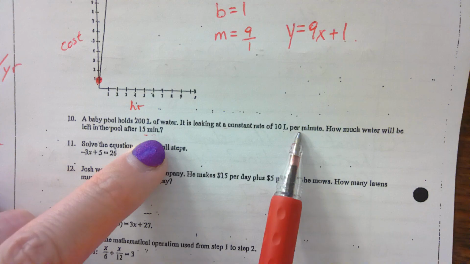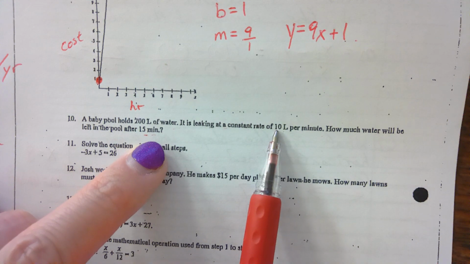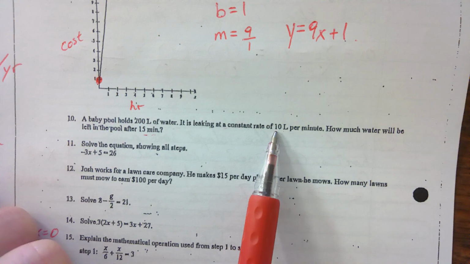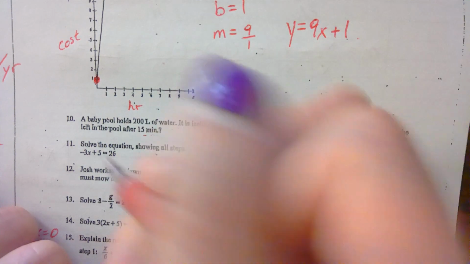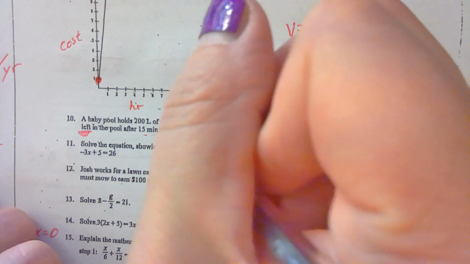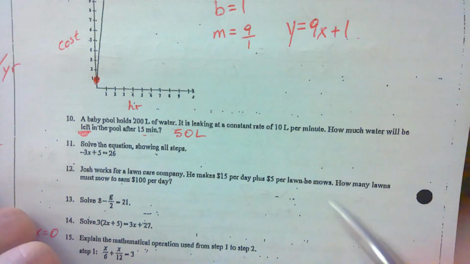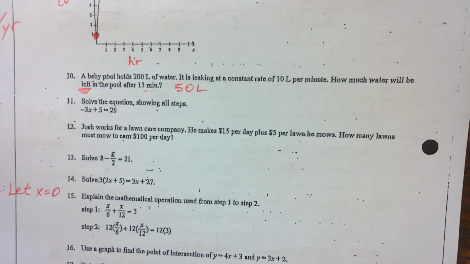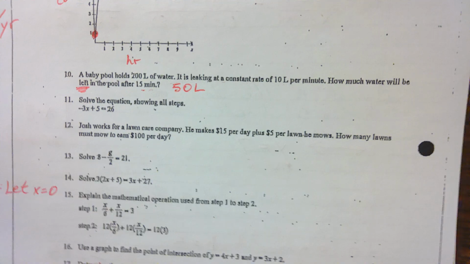So after 15 minutes, times it by 15. That means 150 liters leaked out. But the question asks how much will be left. So how much is left? 50. That's right. Not a hard question, but you just have to make sure you read it carefully.